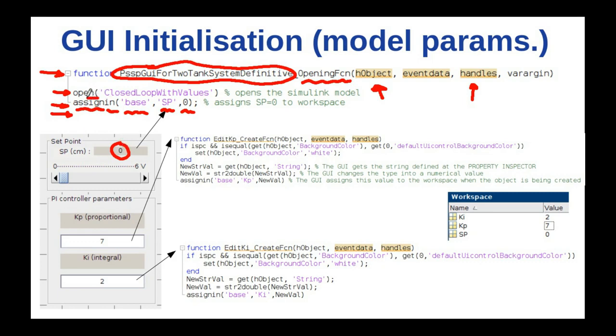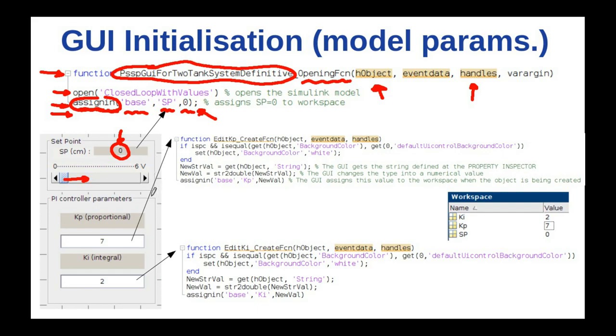So you must assign this value at first in order to have this assignment in the workspace, because the user will trust that if a 0 appears here, it means that the set point will be equal to 0. So maybe for the user this is okay, and the user will not change the slider. So then the user will trust that there is a value of 0 in the workspace. So you must do this at the beginning.